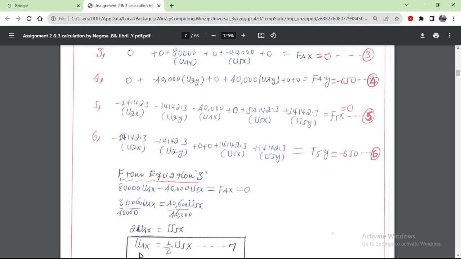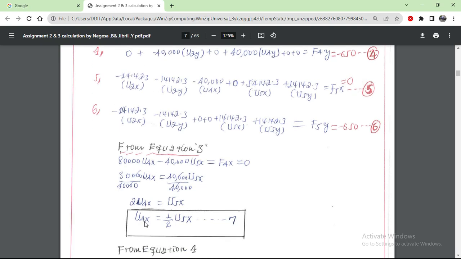Then we reduce these equations into u4x equal to half of u5x. The displacement at point number 4 in the x direction is equal to half of the displacement at point number 5 in the x direction.